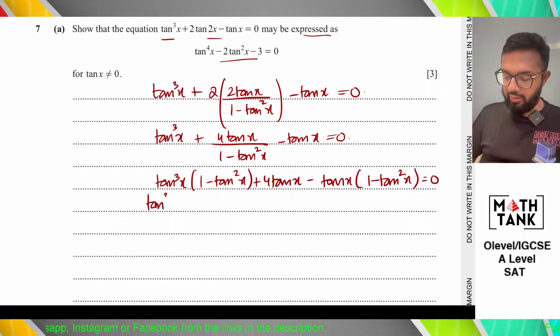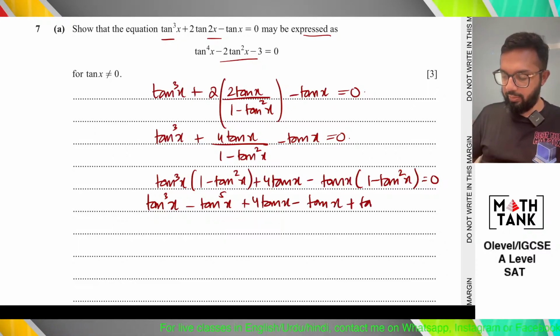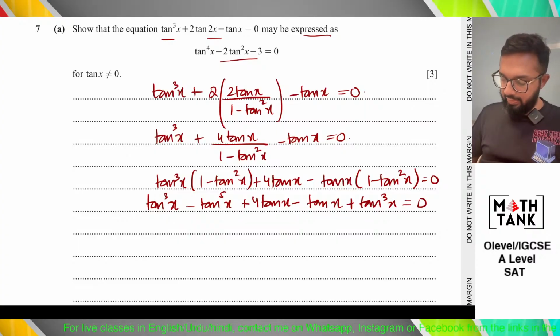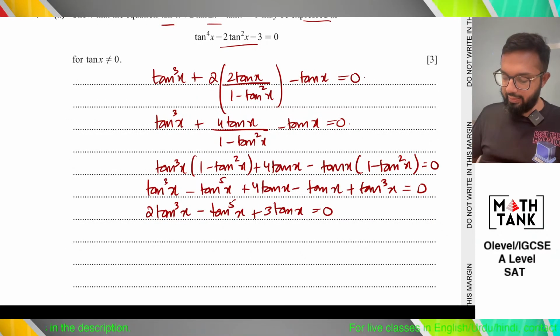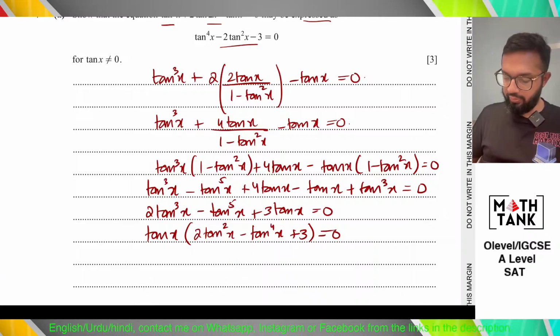So tan cube x minus tan power 5 x plus 4 tan x minus tan x plus tan cube x. See, something's being added, subtracted, so 2 tan cube x minus tan power 5 x plus 3 tan x equals 0. I see tan x is common to all of them, so tan x, that gives me 2 tan square x minus tan power 4 x plus 3 equals 0.